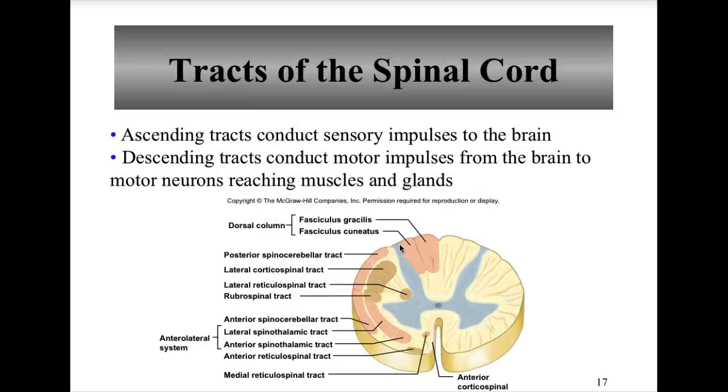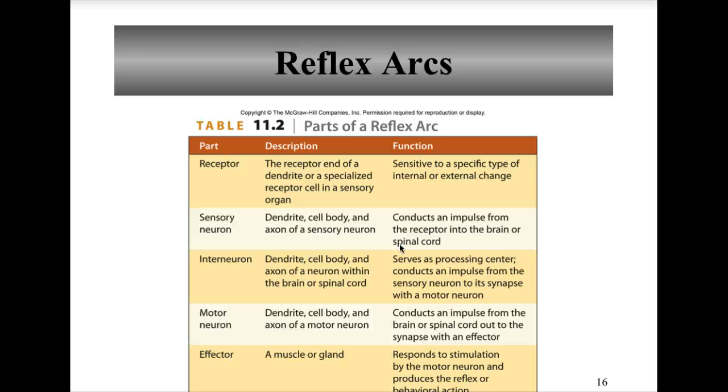As we go through, if you look at the parts of the reflex arc, you have the sensory receptor, which is going to react to a stimulus, and then the sensory neuron is going to conduct the afferent or sensory impulse to the central nervous system.